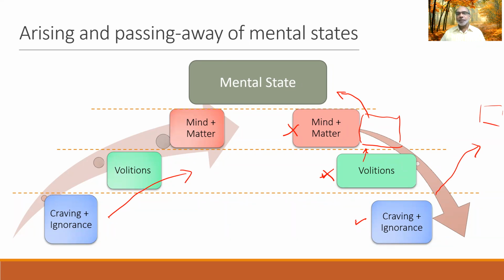And suppose you remove the craving and ignorance also from the mind, the driving force for volitions is not there. Therefore, no new mental state will arise. No new mental state means worldly states. There are other states which we did not discuss here. Such states can arise when craving and ignorance are not present. Okay, so this will give you an idea of how they generate and how they vanish.